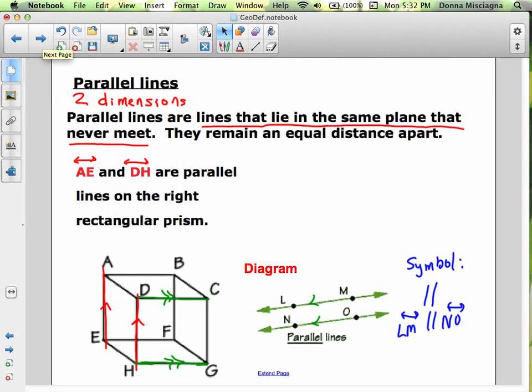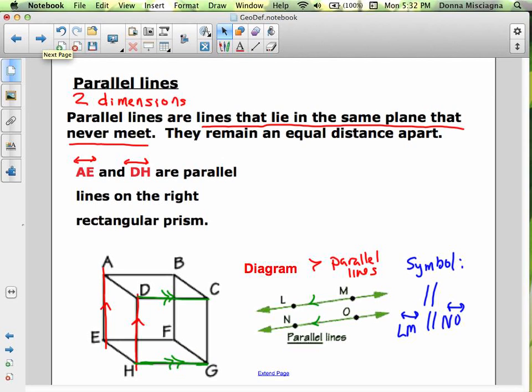So those little arrows here, and actually let's put it next to the diagram here. When we see that, that means those are parallel lines. So AE and DH we talked about are parallel lines on our rectangular prism.